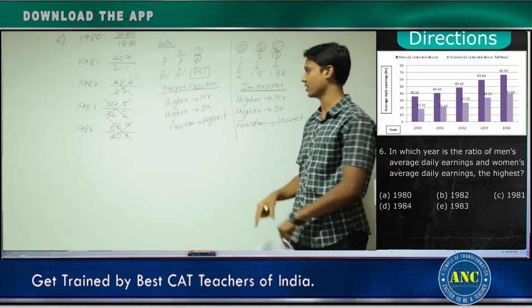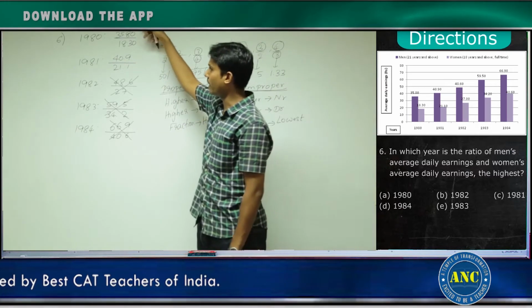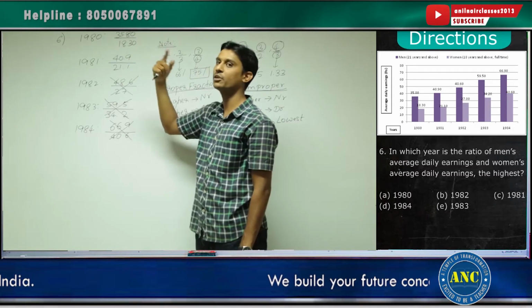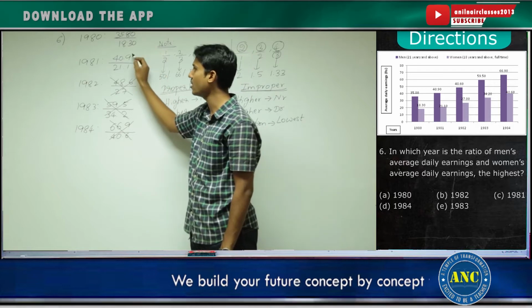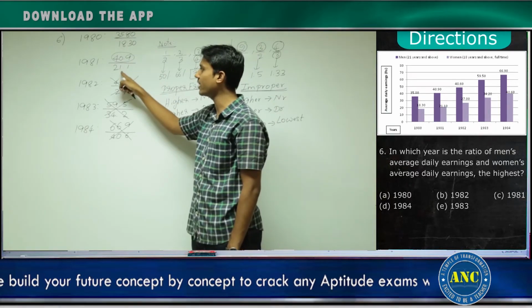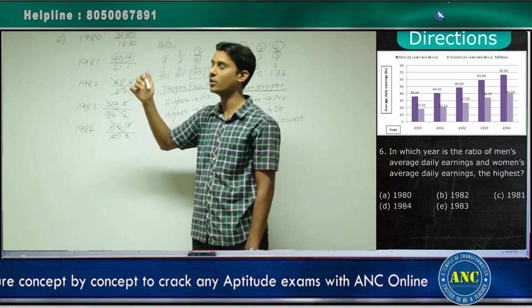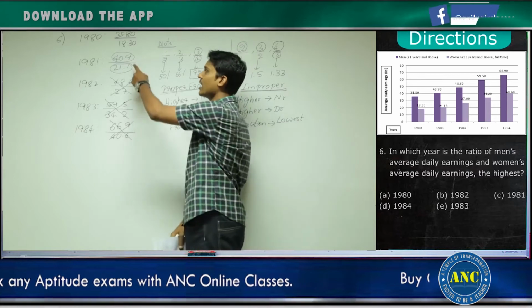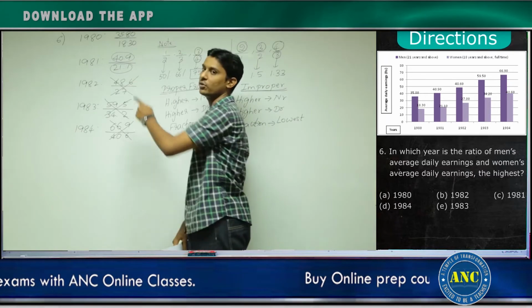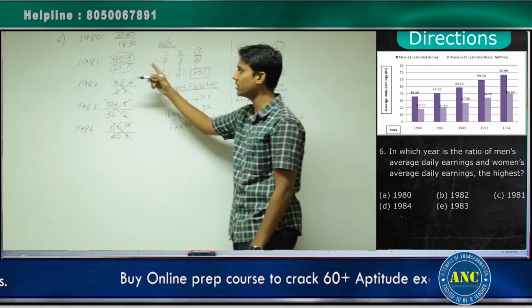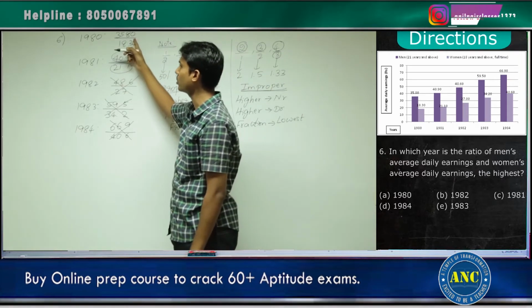For an improper fraction, among the numerators 35.8 and 40.9, 40.9 is the highest numerator. Among the denominators 18.3 and 21.1, 21.1 is the highest denominator. Higher the value in the numerator, higher the value in the denominator, that fraction will be the lowest. That means this is the lowest fraction compared to the other fraction.